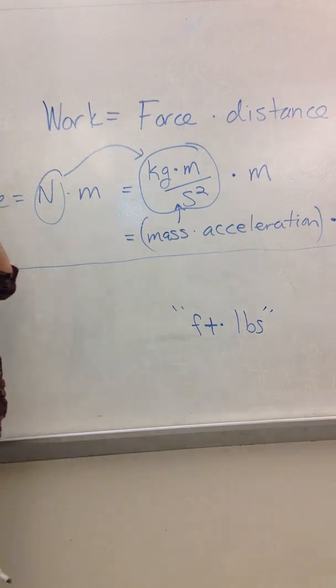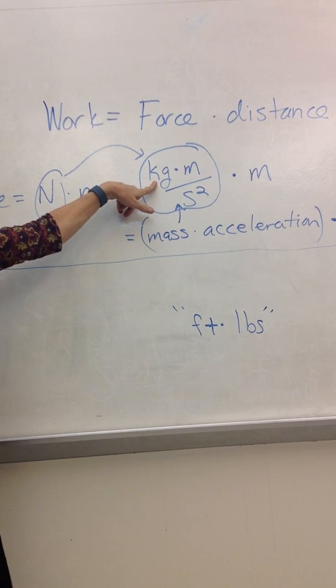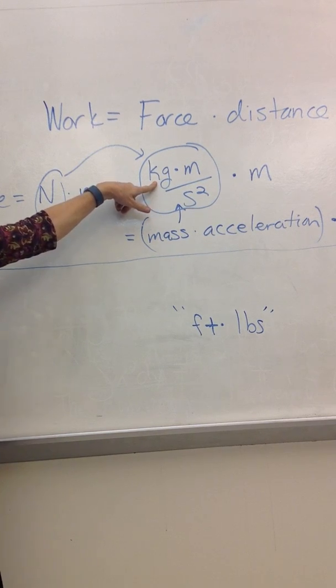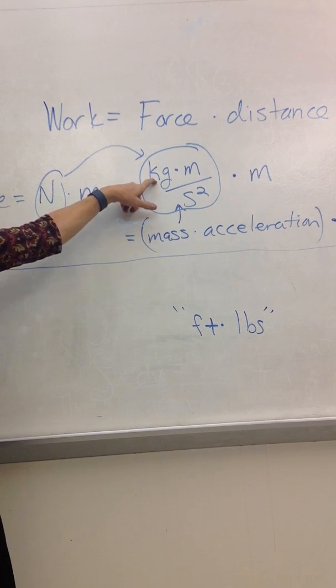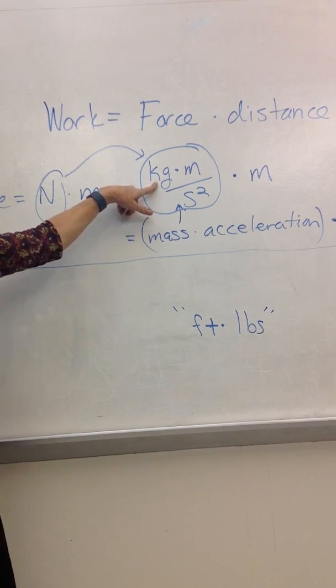One thing to keep in mind, and as we do problems this will come up: we generally measure things in terms of pounds. But if you go to an airport, especially an international airport, they may tell you that your bag can't weigh more than 25 kilograms.